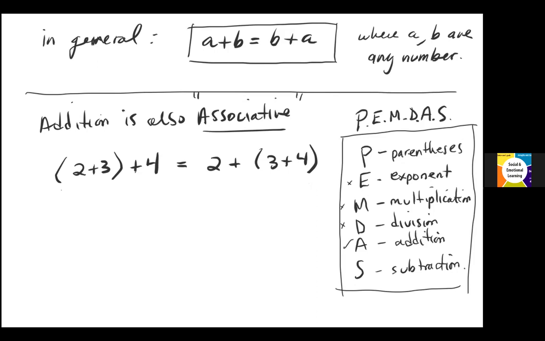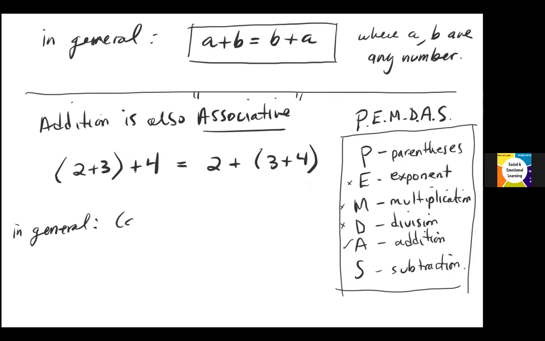So again, the book has a way of illustrating this using boxes, like a box diagram. But in general, we can understand it in terms of algebra.